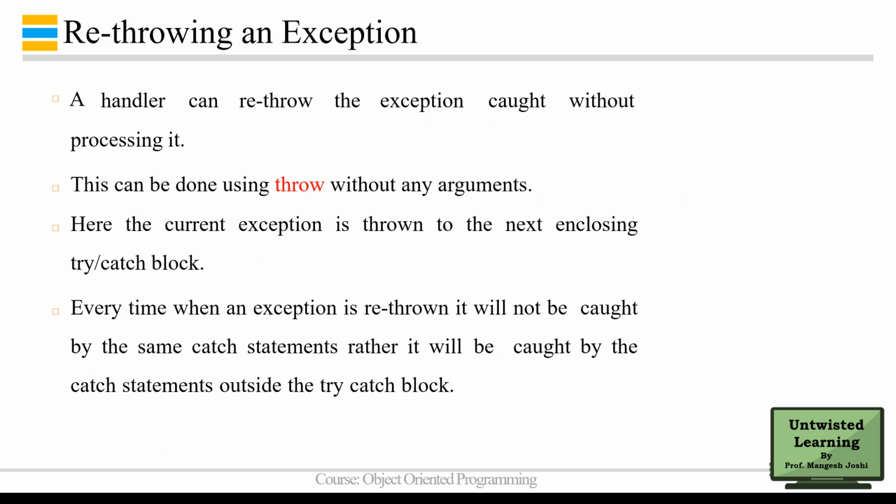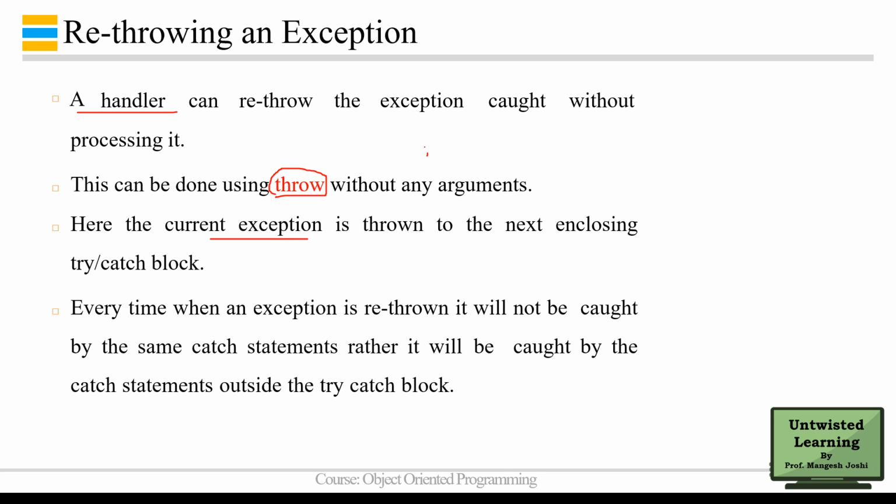So there is one more concept, that is rethrowing an exception. The handler can rethrow the exception caught without processing it. This can be done using throw without any argument. You will simply write throw followed by the semicolon, without any parentheses or arguments.